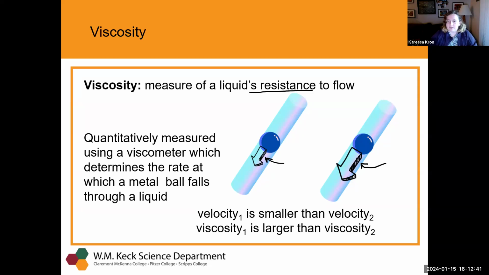And you can think about if something has really high intermolecular forces, so there's a lot of interactions between molecules in this liquid here. If these intermolecular forces are high, then it's harder to flow and it has a high viscosity.